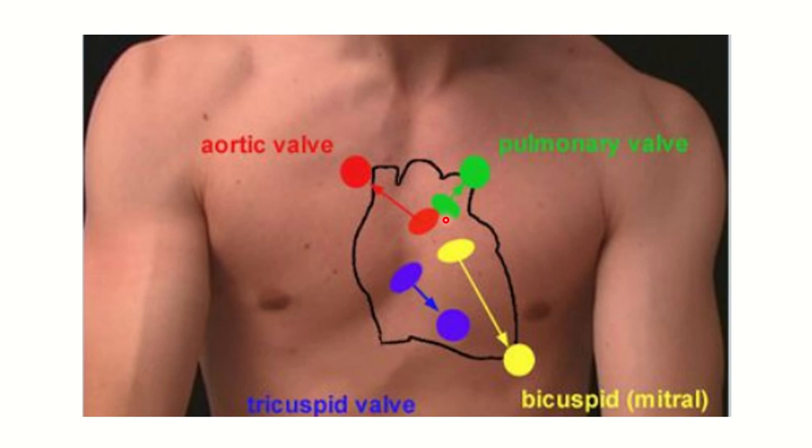So here in this picture we can see the location of the valves. The pulmonary valve lies here, then the aortic valve here, but the pulmonary valve gives its auscultatory sound elsewhere. It lies in the third intercostal space, but the auscultatory area is the second intercostal space.